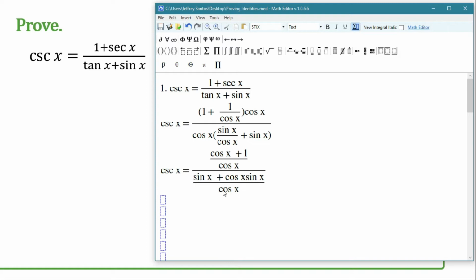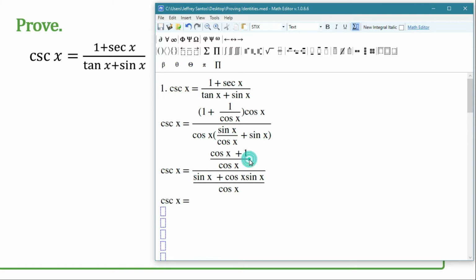Alright, and as I said earlier, in dealing with this one, we have to manipulate it algebraically. So for us to simplify this complex fraction, what we're going to do is just copy the numerator and then multiply it with the reciprocal of the denominator.